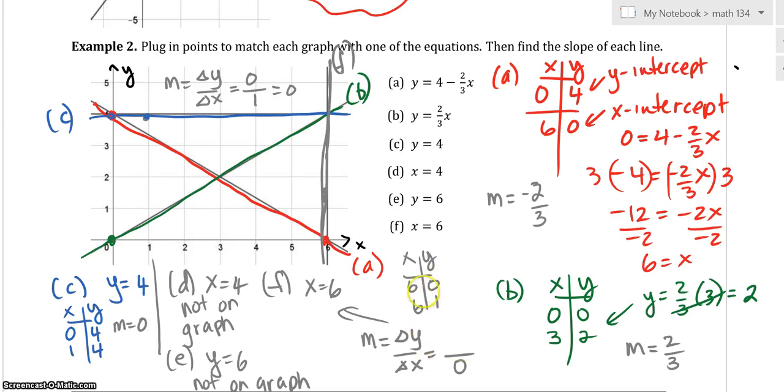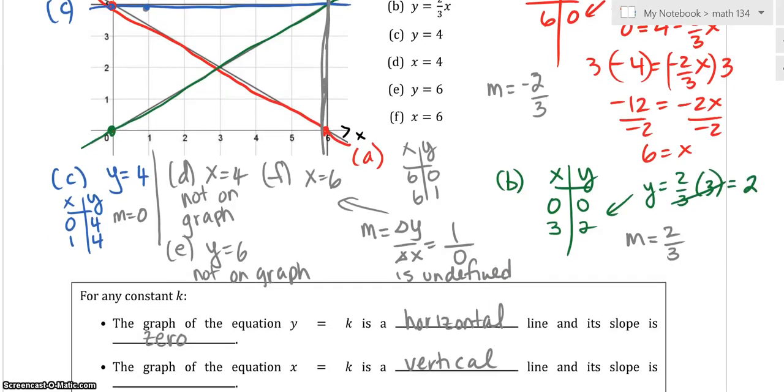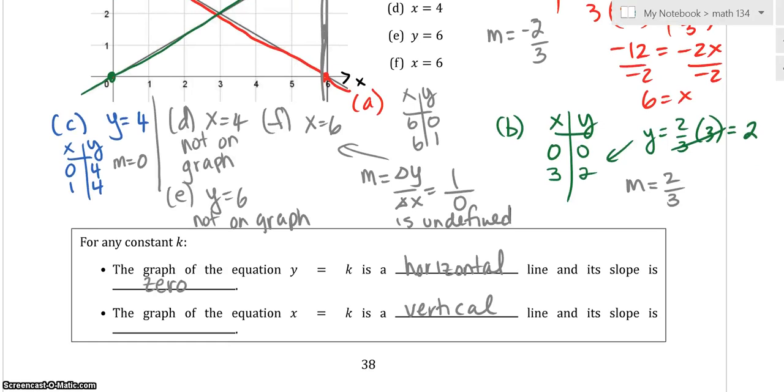So you can see the rise between these two is 1, but the run is always 0. This is undefined. Which means, for a vertical line, the slope is always undefined. And that is the answer to what the slopes are of horizontal and vertical lines.